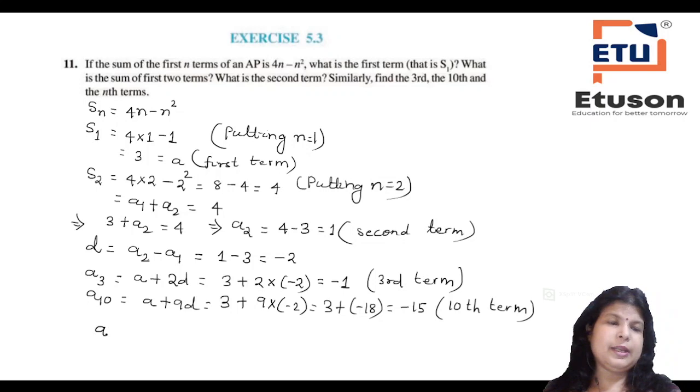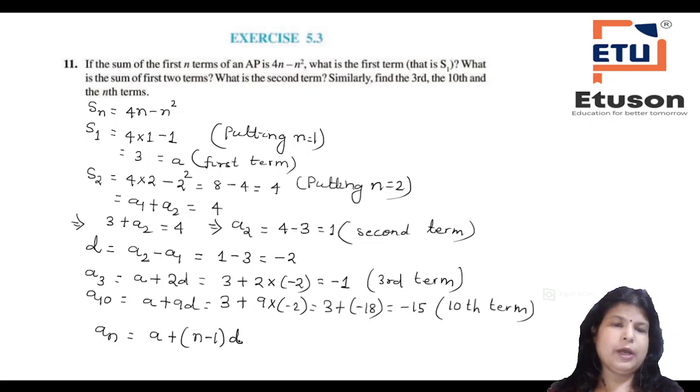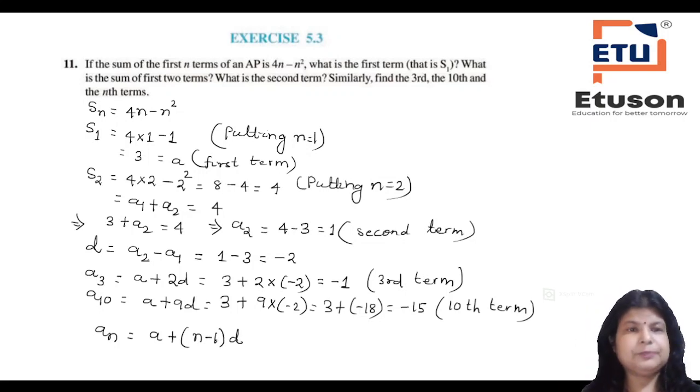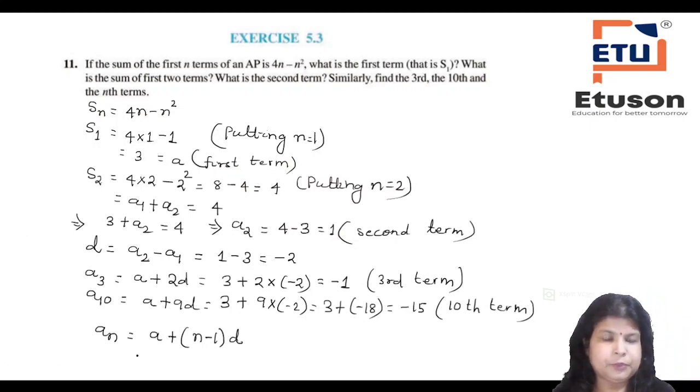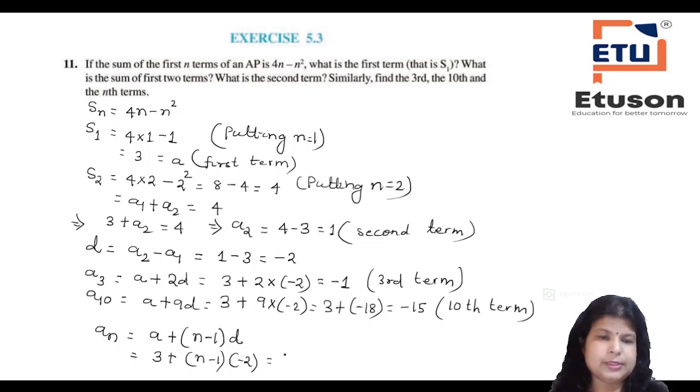So what will be your nth term then? What is the formula for the nth term? It is a plus n minus 1 into d. Right? So what is your a here? Your a is 3, so 3 plus n minus 1 into minus 2, that is equal to 3 minus 2n plus 2.